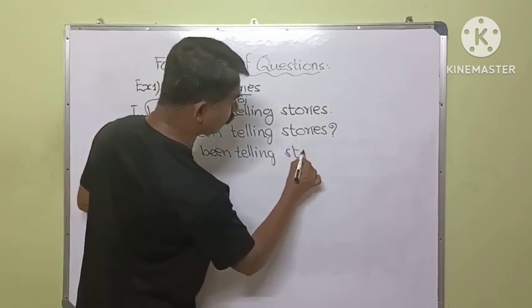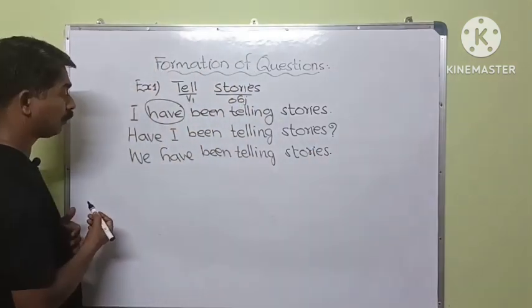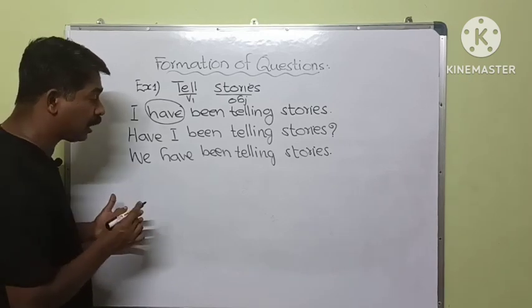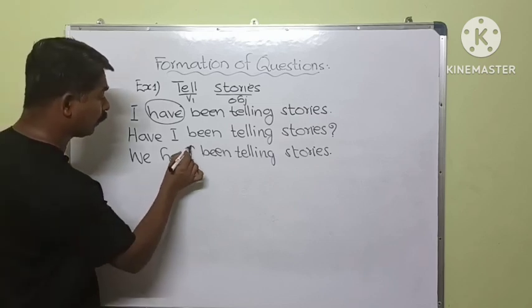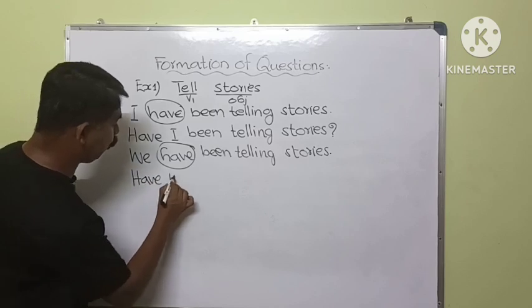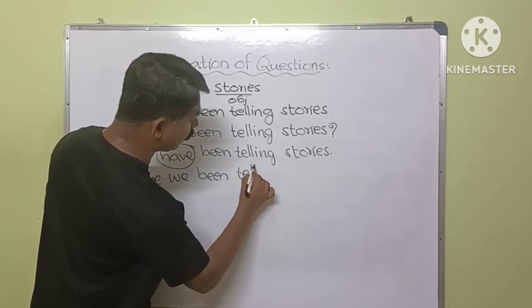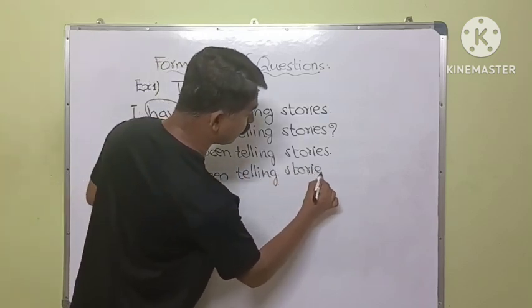Next sentence, we have been telling stories. It's an affirmative sentence. To make it a question, the auxiliary verb must be taken out and placed at the beginning of the sentences. Have is the auxiliary verb. Have we been telling stories?